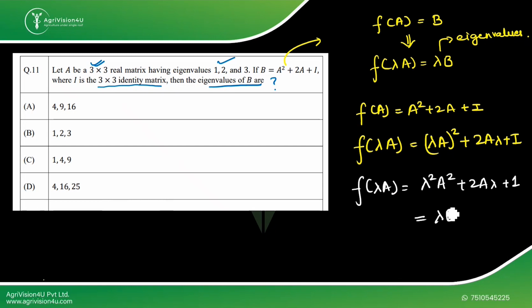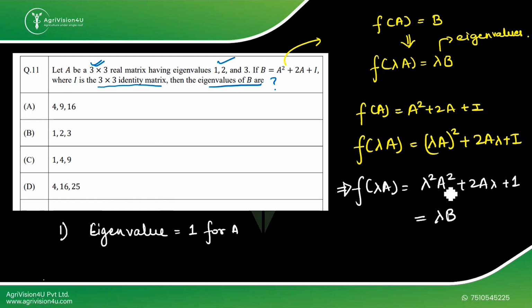Now this is the function that you have prepared. What you have to do is put the values of eigenvalues of A, and like that calculate the eigenvalues of B. For example, the first value is 1. When the eigenvalue is 1 for matrix A, how to calculate it for B?